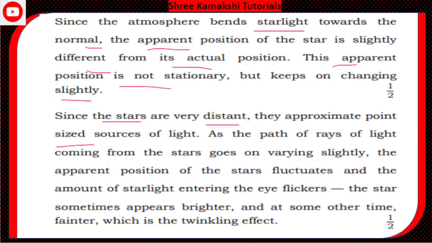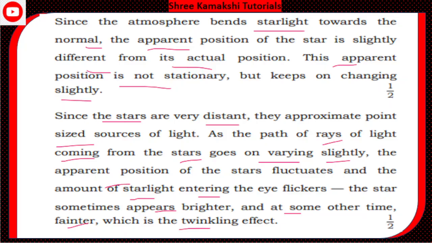As the path of the rays of light coming from the stars goes on varying slightly, the apparent position of the stars fluctuates and the amount of starlight entering the eye flickers. The star sometimes appears brighter and at some other time fainter, which is the twinkling effect.